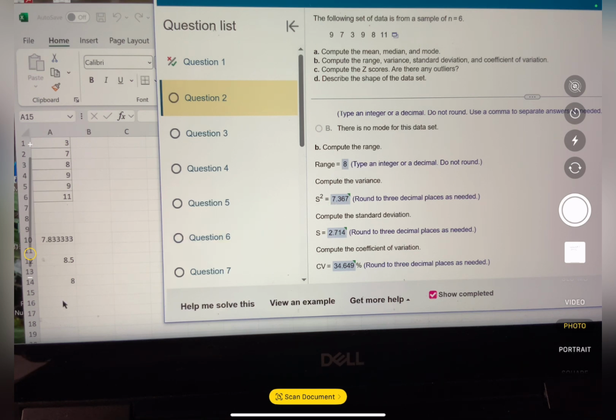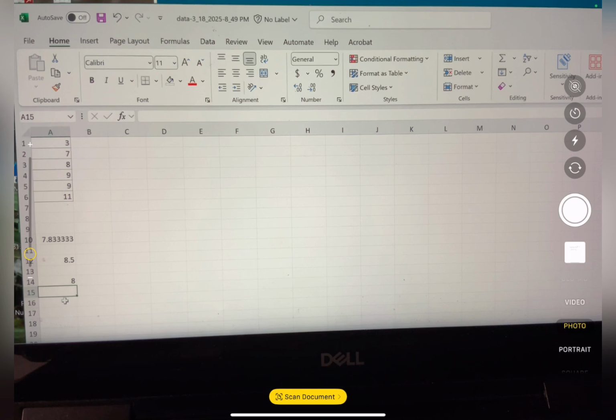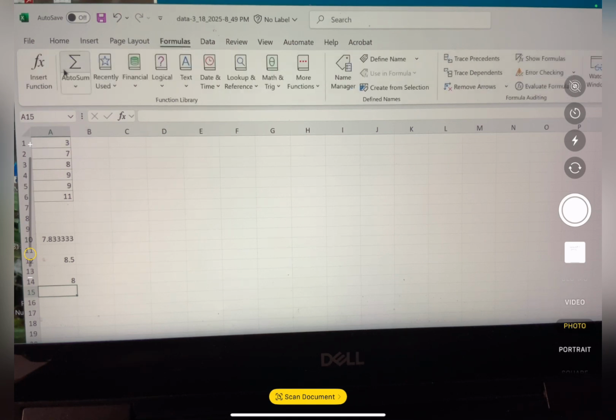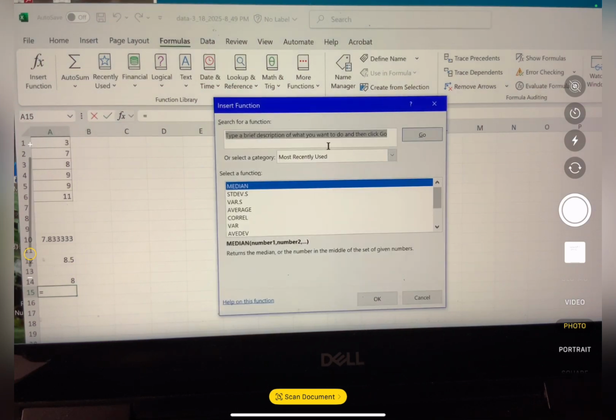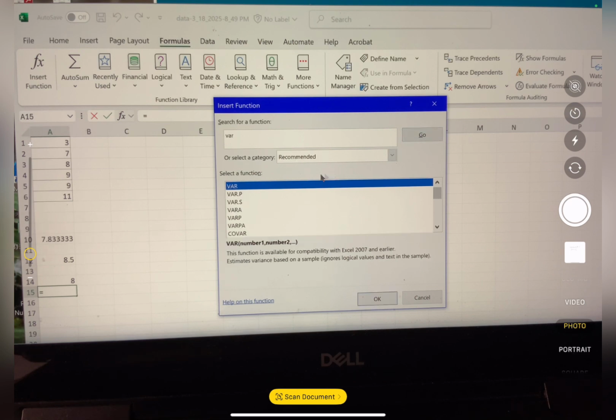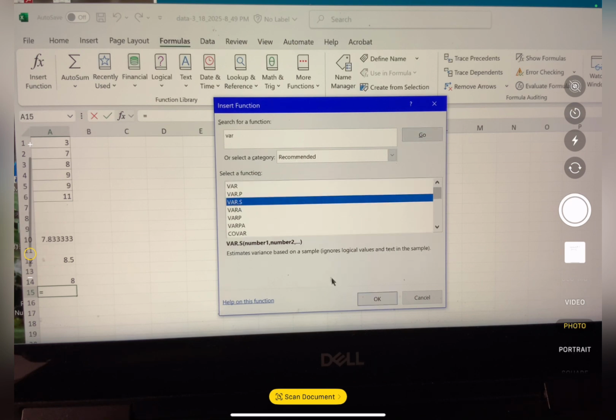Next we're going to find variance. All right, let's go find variance. Formula, insert, variance. Okay. Variance for sample we are taking.